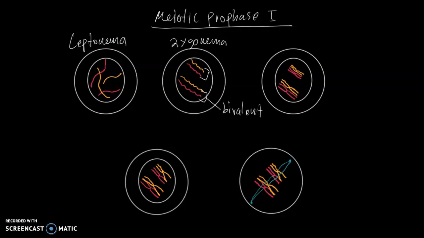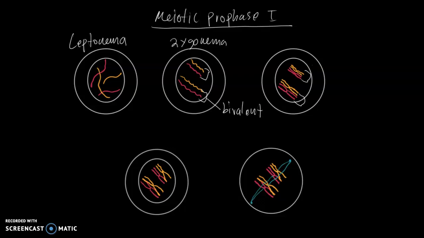After the homologous chromosomes come together, each bivalent, that is the homologous chromosomes, becomes shorter and thicker, and the two sister chromatids split and become visible. So we see this four-membered structure, one here and another one here.